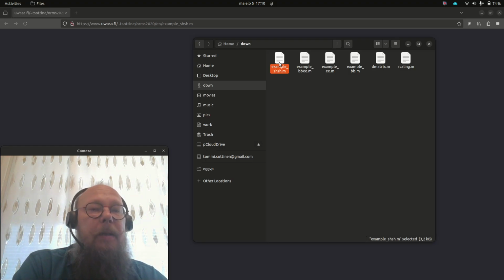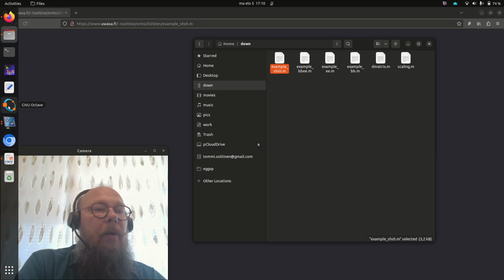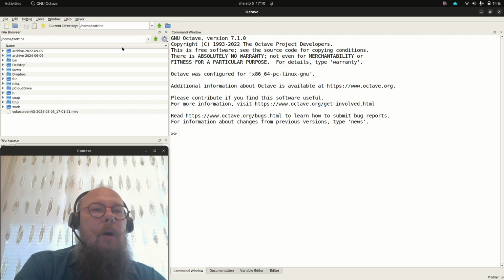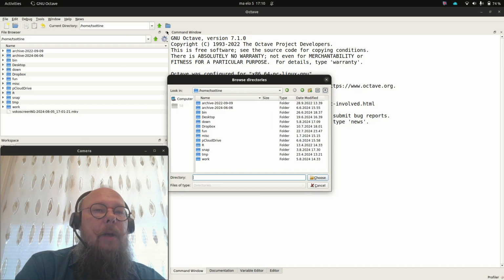So again, let's look through the code, what it does, and then try to analyze the results. So I open Octave again, this kind of icon. My computer is slow today for some reason. All right, then I change to the directory.